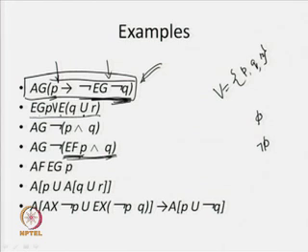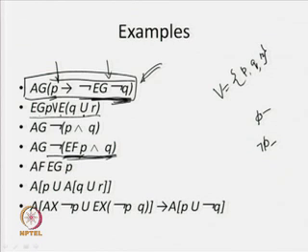Already I have said that if phi is a CTL formula, then not phi is also a CTL formula. So, not of E F P and Q is also a CTL formula, and this CTL formula again has a temporal operator G, which is preceded by A. That means, in all paths globally, whether this holds or not. So, this whole formula is also a CTL formula.